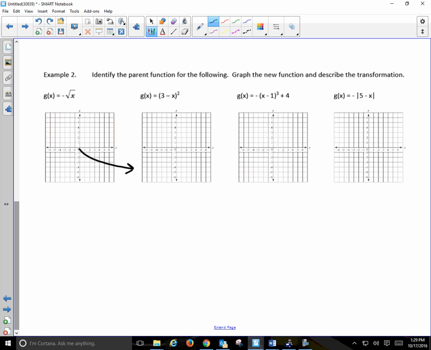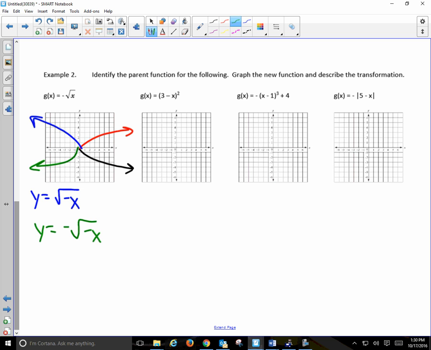Like that. Because it's a vertical flip. The parent function looked like that, so it was a vertical flip. Well, now that I have you thinking. Cool.